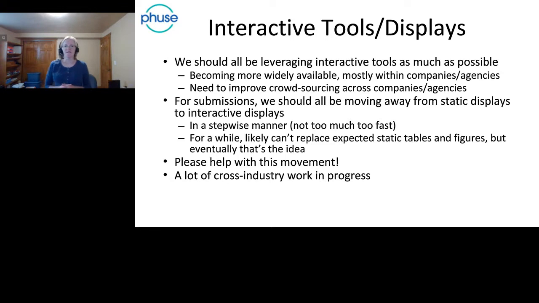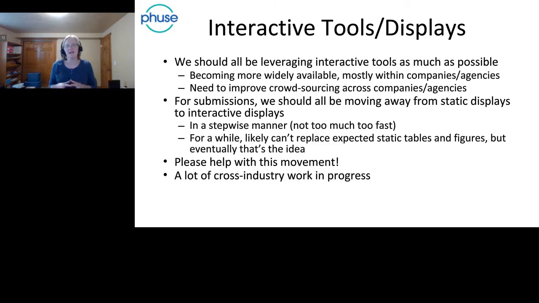Okay, another miscellaneous topic is about interactive tools and displays, right? So we should be leveraging interactive tools as much as possible. Safety review is one of those perfect things, right, in which interactive tools can be so helpful. So they're becoming more widely available, especially within companies.